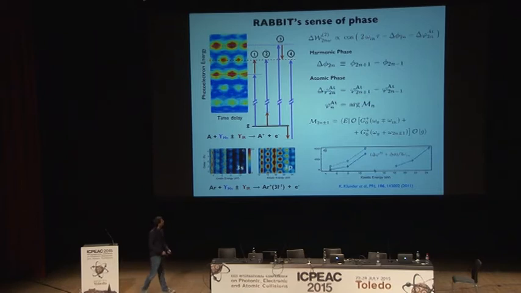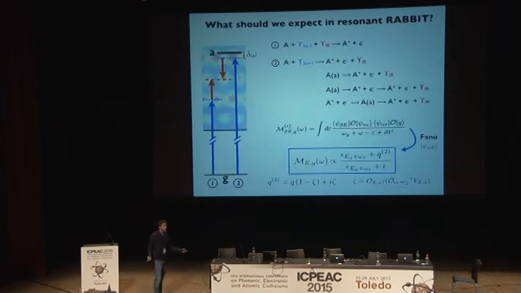So let us use the RABBIT technique to extract the phase information of resonant transitions. How does the RABBIT spectrum look when there is an intermediate resonance? Well, apart from the direct two-photon transition, one can excite a metastable state first.